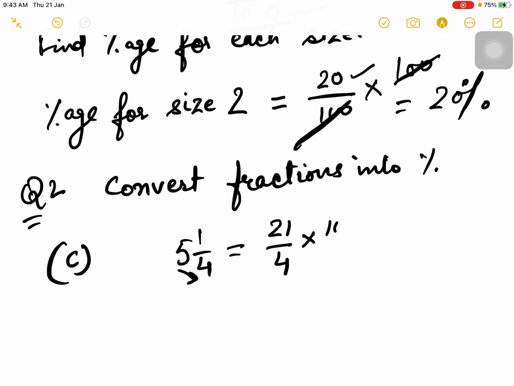So multiply it by 100 because we have to find a percentage. Okay, 4 25s are 100. Okay, now 21 into 25, the answer will be in percentage.